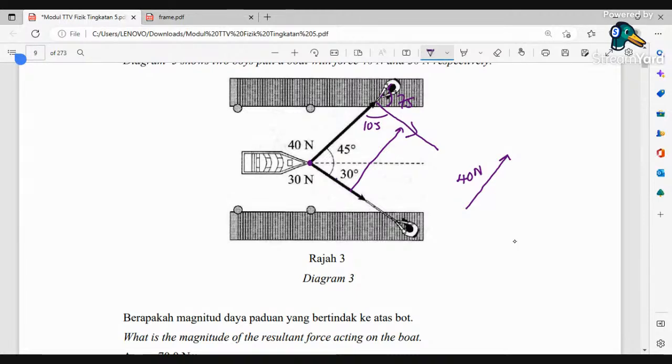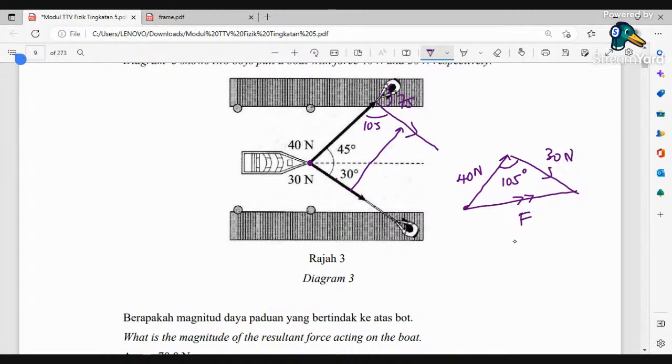Then I get this one, 30 Newton, and this angle is 105. Starting from here, complete the triangle. This is the resultant force that acts on the boat.